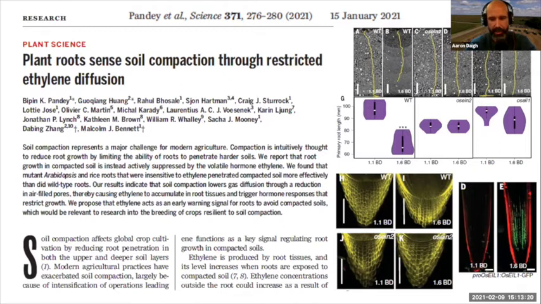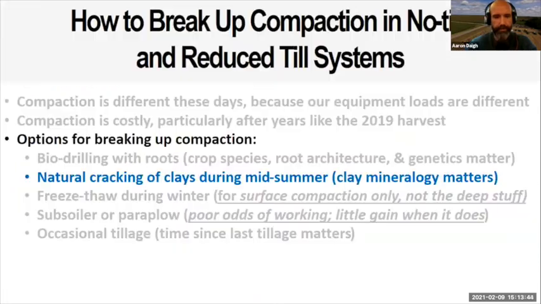So we may see some crop breeding in the coming years targeted at creating varieties that specifically alleviate compaction by reducing their sensitivity to the volatile hormone ethylene.